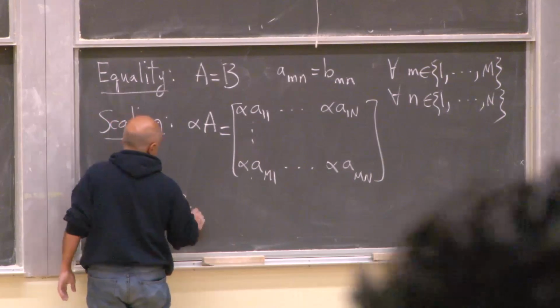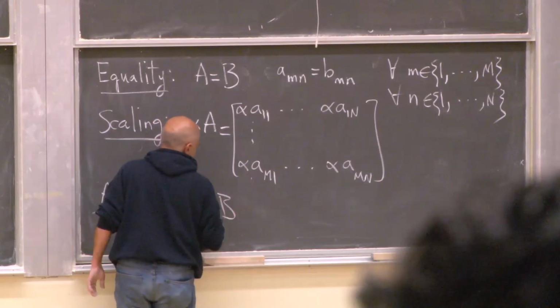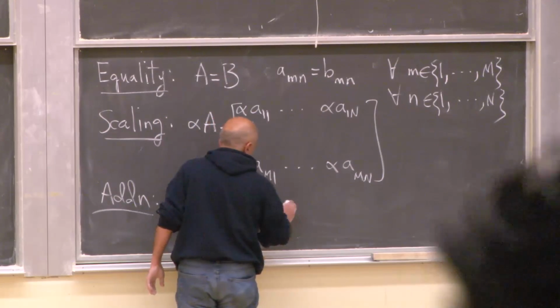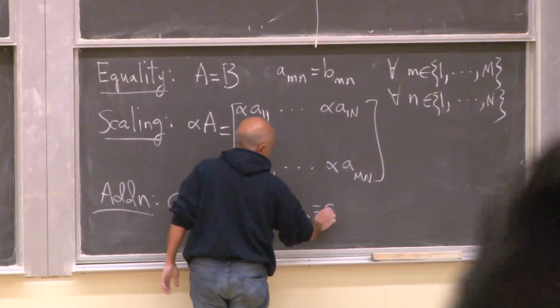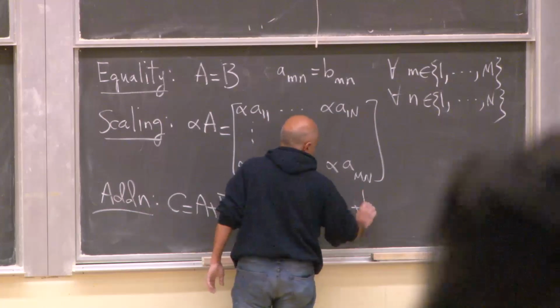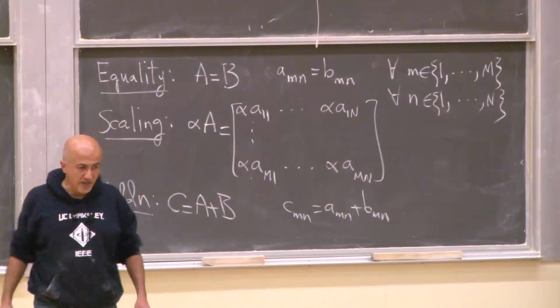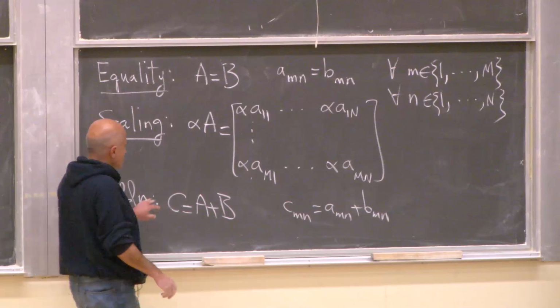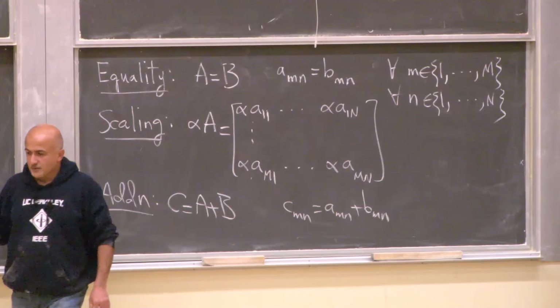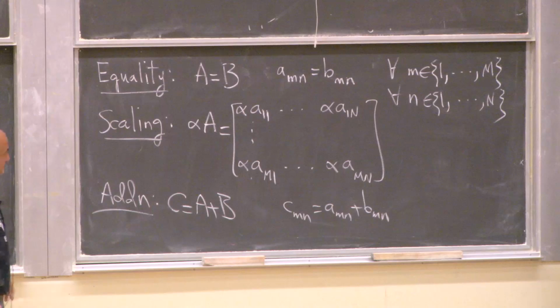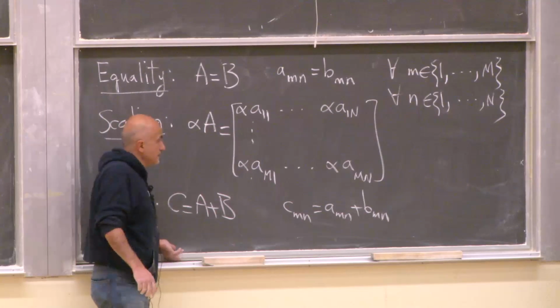So we say C is equal to A plus B if Cmn is equal to Amn plus Bmn. So the corresponding entries have to be added to create the matrix C. Nothing too exciting here.